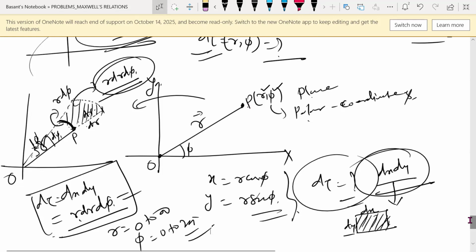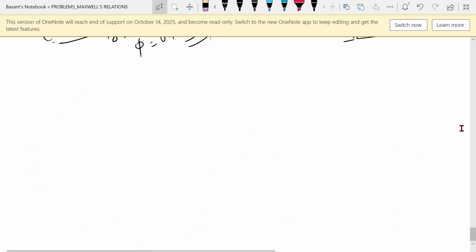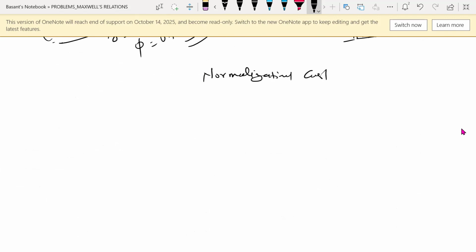Okay. Now, I have to find the normalization constant for the n value 0 and m value 0 state, that is the psi 0,0 state.